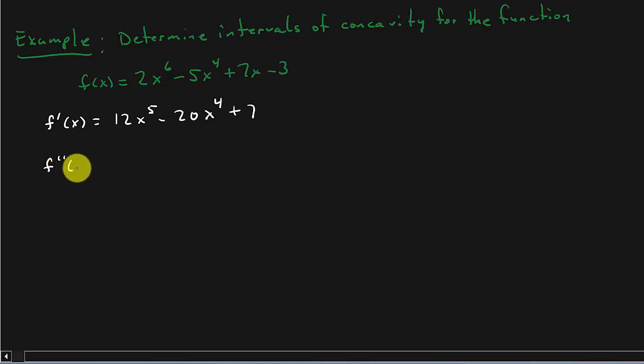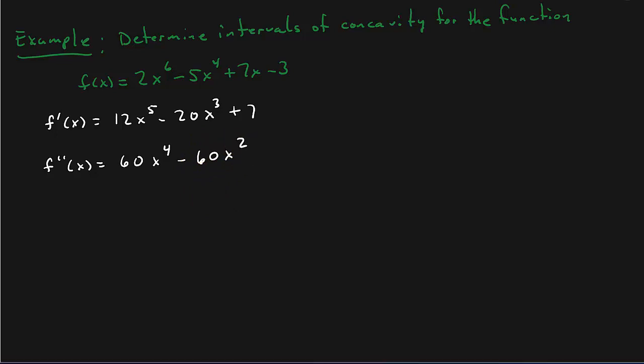Then f double prime of x is 60x to the fourth minus, oh, I'm sorry, that's 20x cubed, so that's going to be 60x squared. So there's your second derivative.